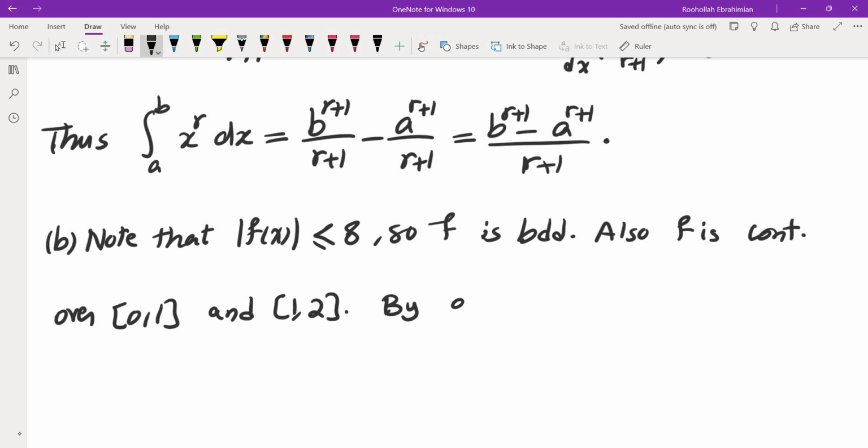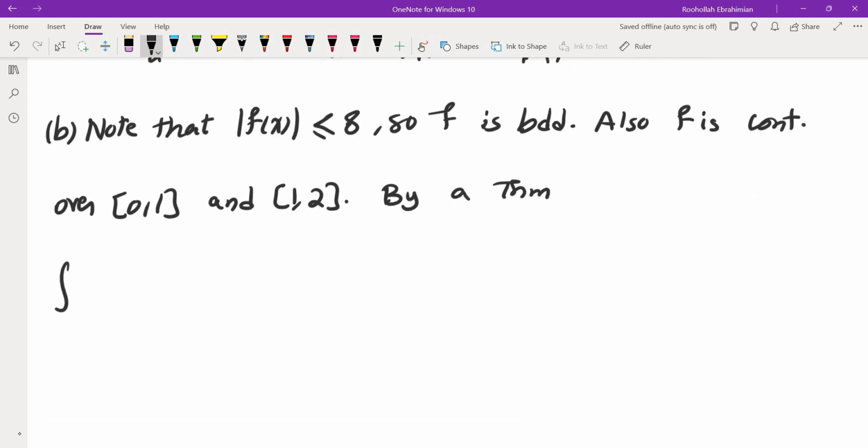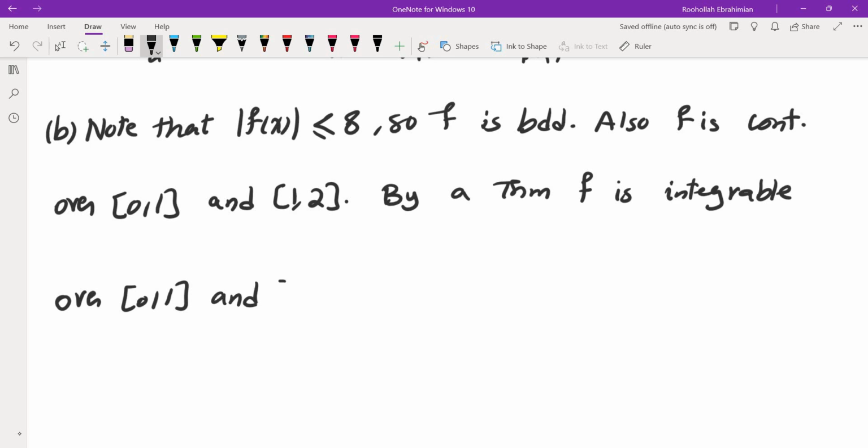So by a theorem, f is integrable over both of these intervals.